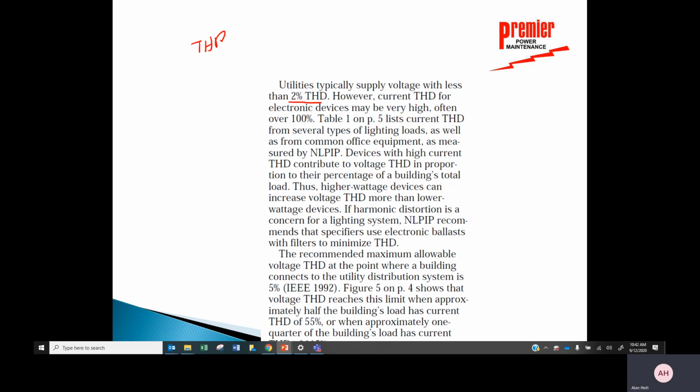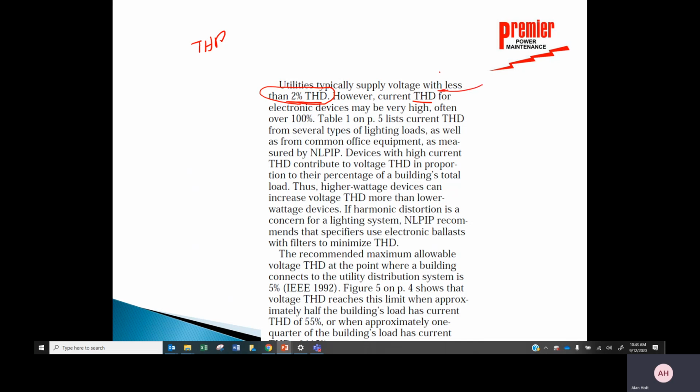However, the current total harmonic distortion may be very high. So utilities are watching. They're going to start hammering you pretty clearly if you're doing stuff that's going to increase the harmonic distortion in their voltage supply. But you can do a lot of things internally that mess with the current.